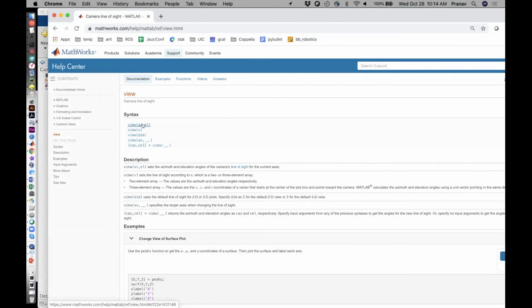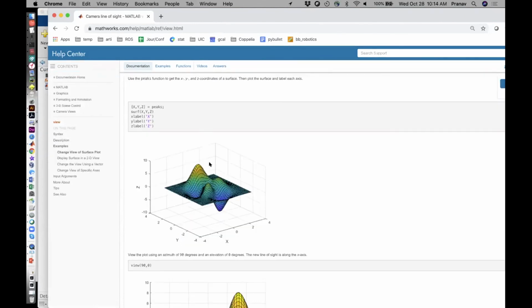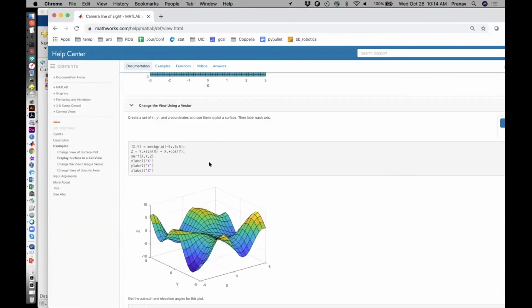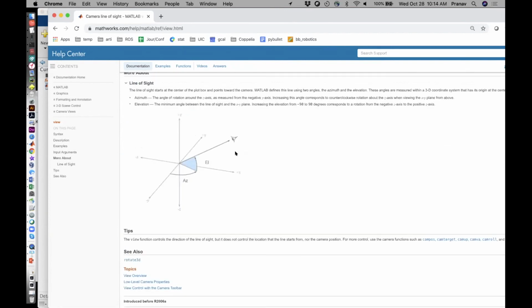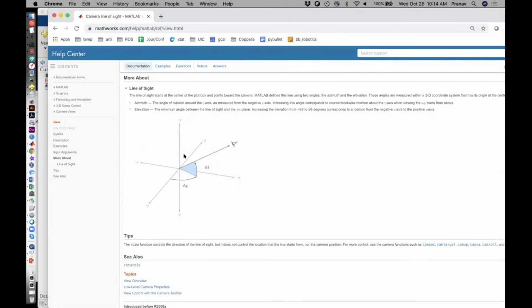View has an azimuth and elevation, and I believe there is an explanation for this down there. Okay, there it is. So this is how you're viewing the 3-dimensional object. The azimuth is the angle made with the positive y-axis, and the elevation is the angle made with the horizontal plane. So you can play with those to get the right view.